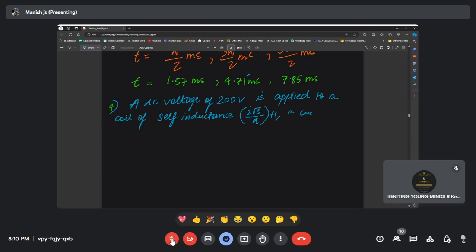Then a current of 1 ampere flows through it.